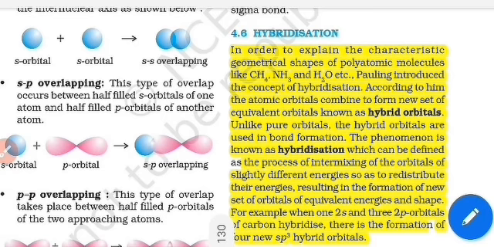Hybridization can be defined as the process of intermixing of the orbitals of slightly different energies so as to redistribute their energies, resulting in the formation of a new set of orbitals of equivalent energies and shape. For example, when one 2s and three 2p orbitals of carbon hybridize, there is a formation of four new sp3 hybrid orbitals.